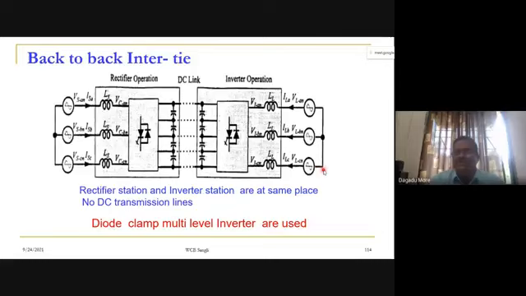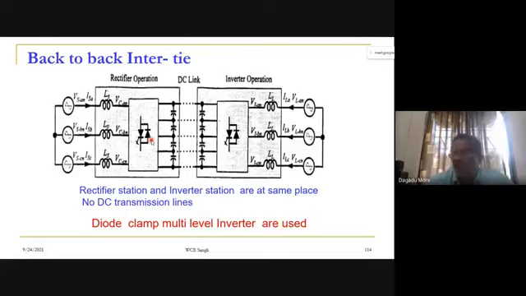Two different frequency systems we can connect together. If you want to give power to a neighboring country with a different frequency, then this may be the configuration. They operate at 60 Hz, we operate at 50 Hz, and definitely this configuration we can use.